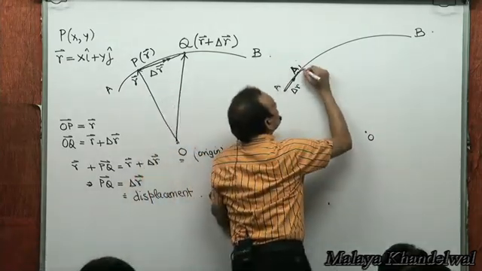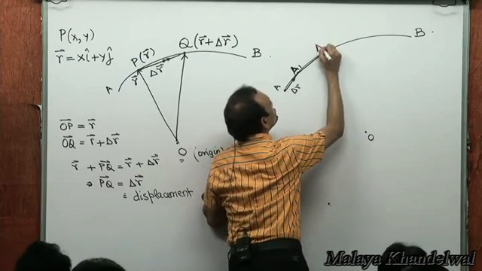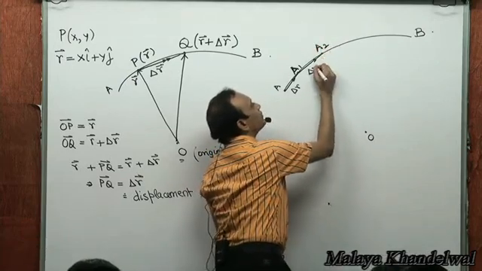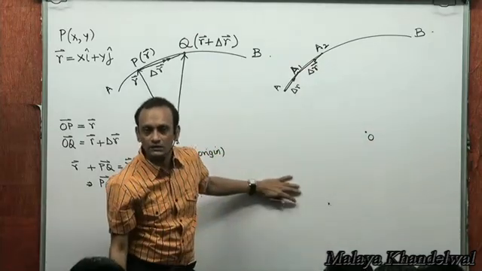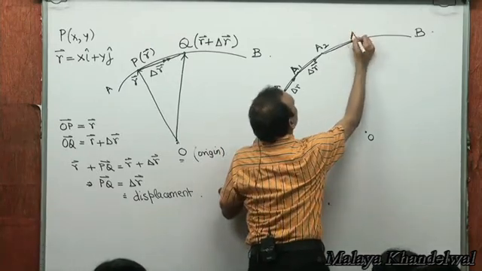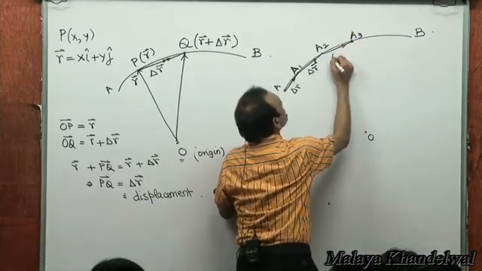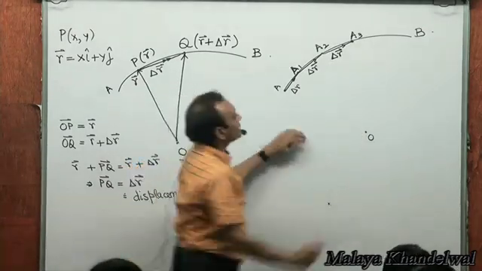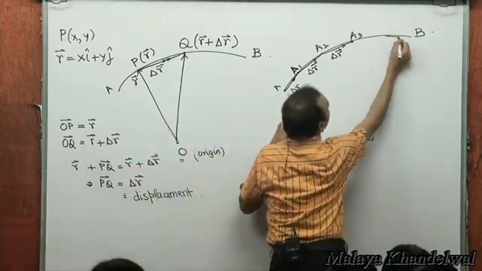Then from A1 to some A2, I can go with the help of another displacement, delta r. Then from A2 to A3, another displacement, another delta r. Yes or no, right? And so on and so forth.